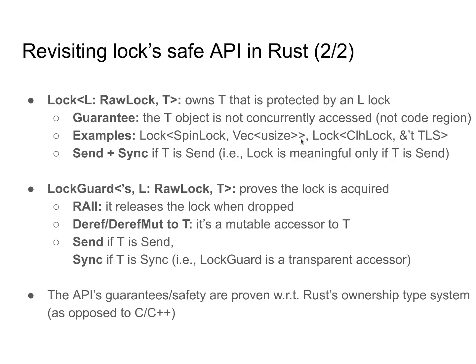Even though you created a vector, you can safely send the vector to the other threads. It is quite obvious from the API documentation, and that's the reason why T is Send for this case. As a result, this lock protected data type is also Send and Sync.